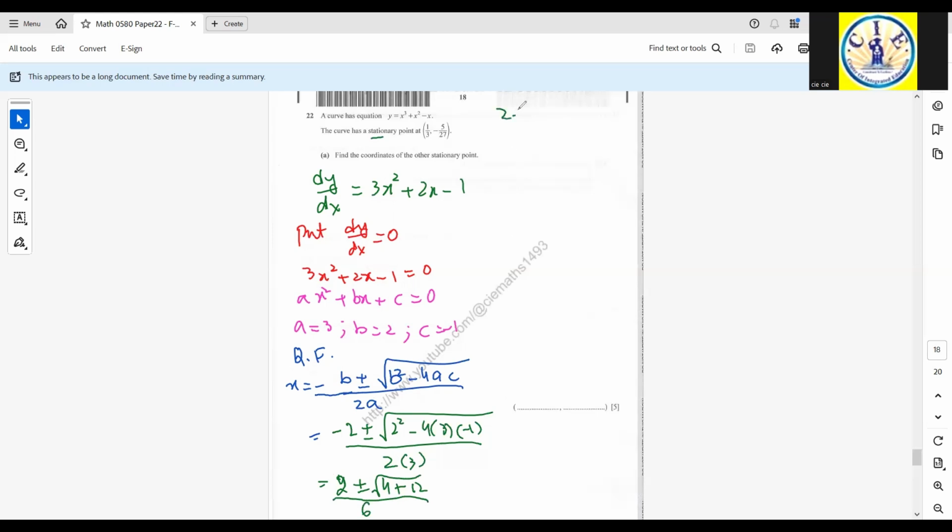So this is -2 plus minus square root of 16, which is 4, divided by 6.